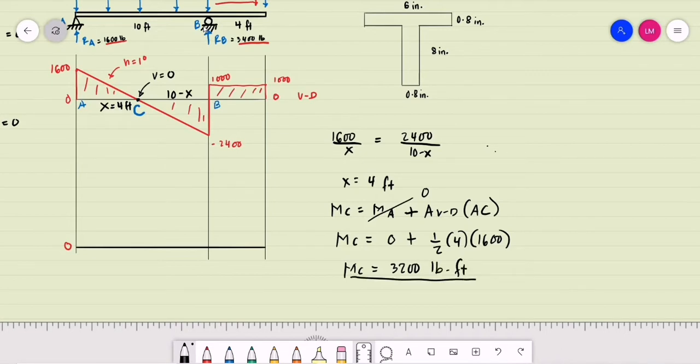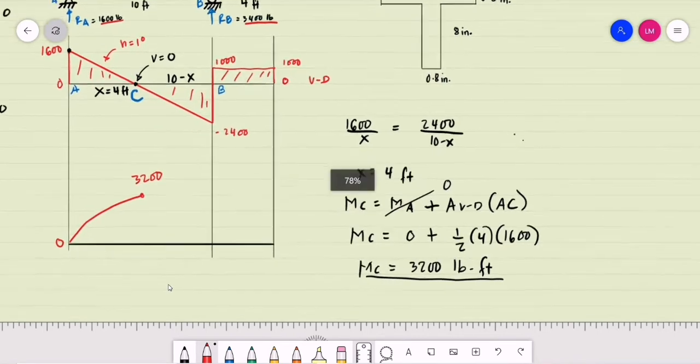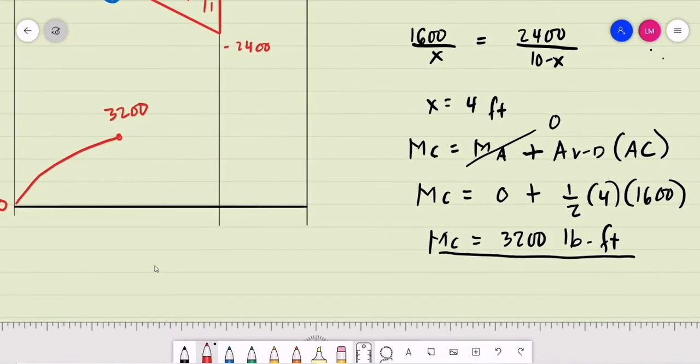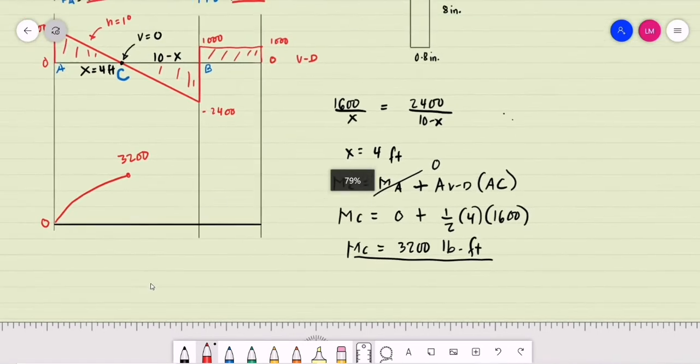This is the moment at C. If we observe our shear, from positive shear to zero shear, that is a curve that opens downwards. So this is positive 3,200 pounds-foot, and we may assume that this is our maximum positive moment.